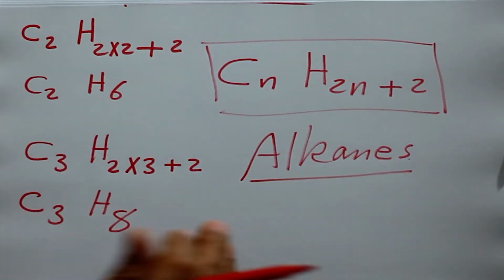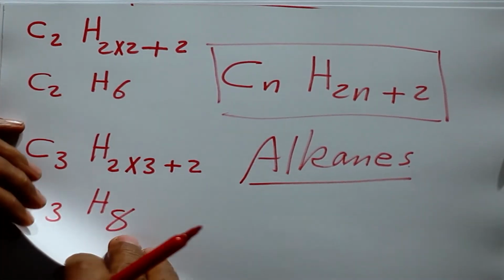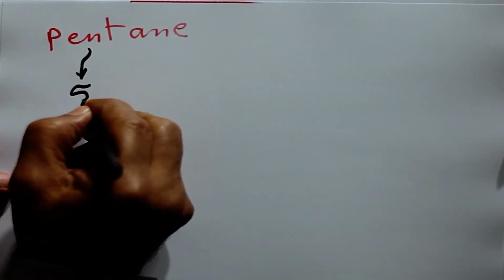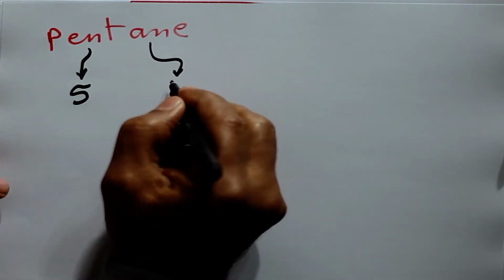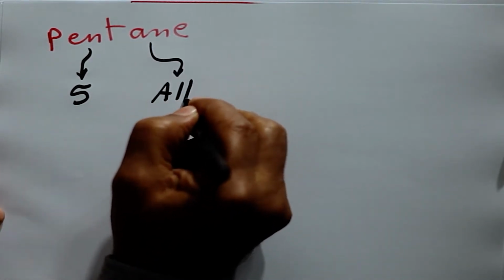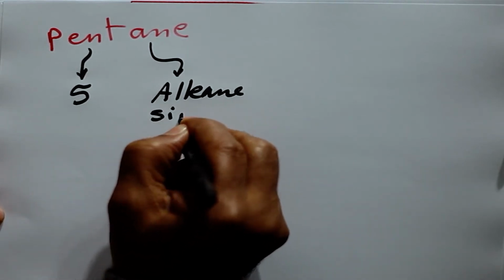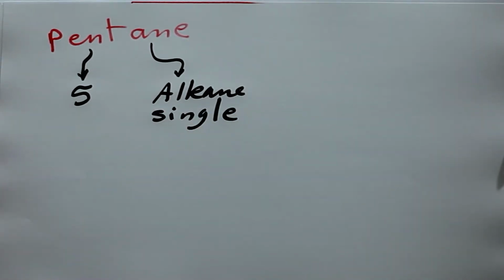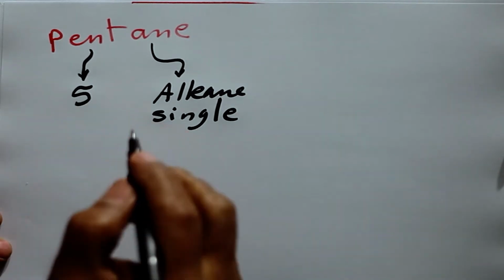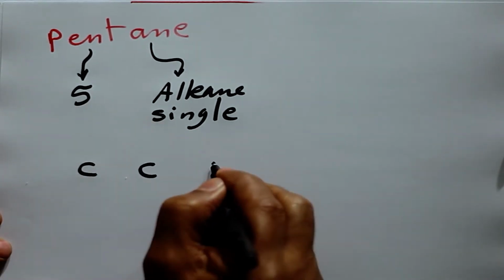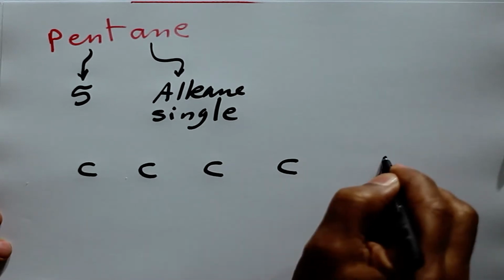If we see one of them as pentane, what does it mean for us? Pent means it contains 5 carbons, and ane means all bonds are single, from alkanes. We can write its structure: 5 carbons, 1, 2, 3, 4, 5.